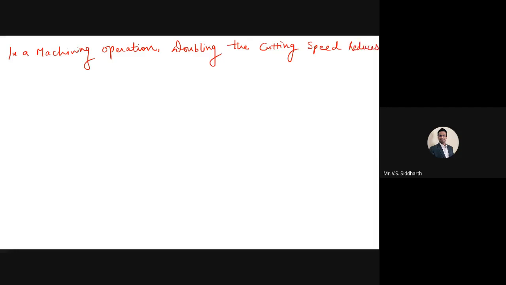Okay, one more question. Try to solve it quickly. In a machining operation, doubling the cutting speed reduces tool life to 1 by 8 of the original value.